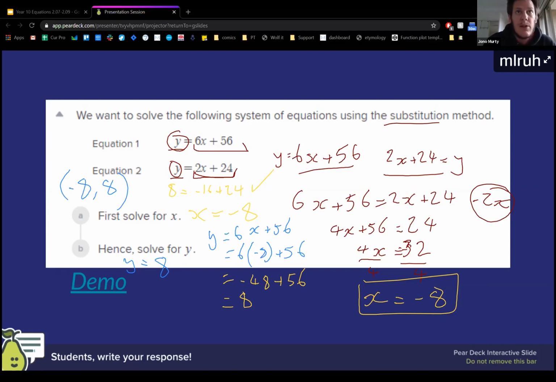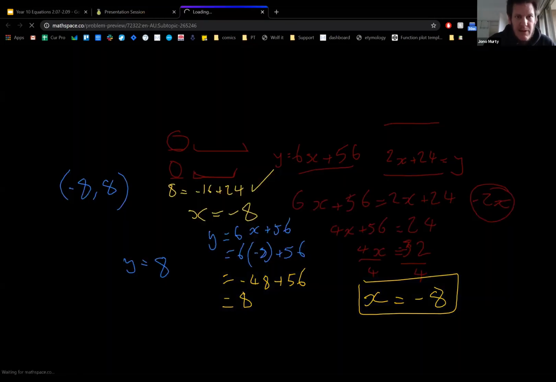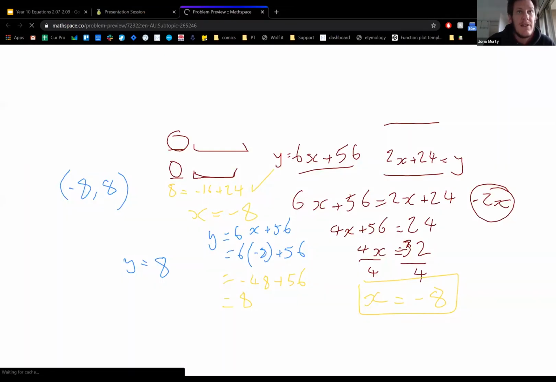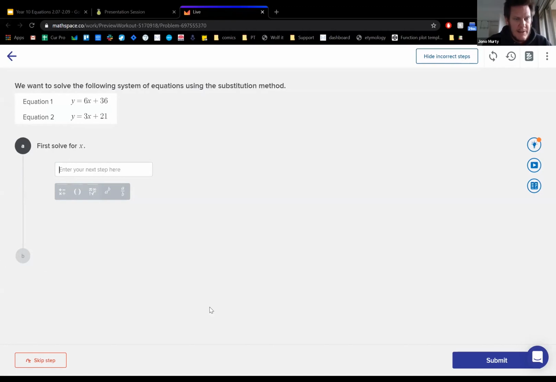Let me just do a very quick demo of this one. So we can just clear all drawings. Okay. I'll just very quickly go through this one. So we can set up the two equations. This is slightly different numbers here.